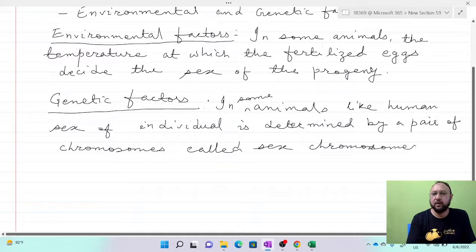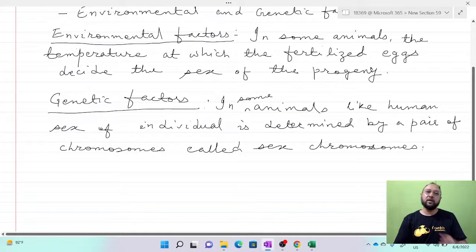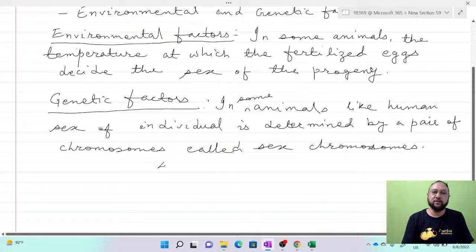In our human body there are 46 chromosomes.